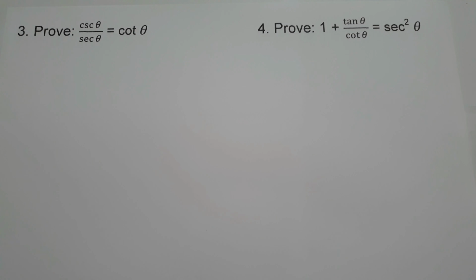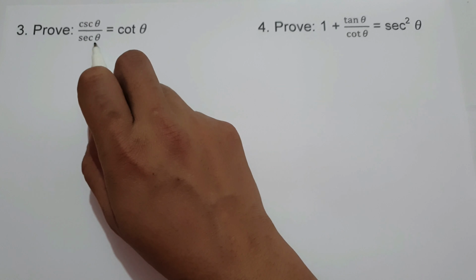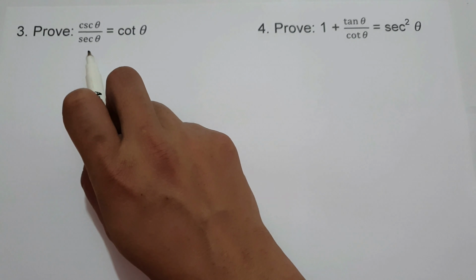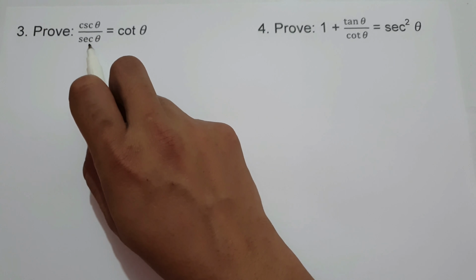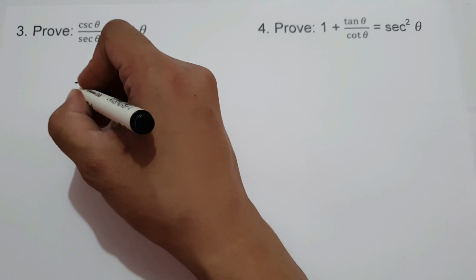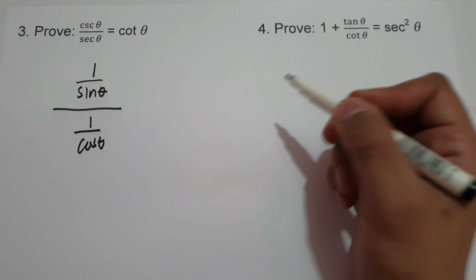On the third example, we are going to prove cosecant theta over secant theta is equal to cotangent theta. Since the left side is more complicated, let us simplify the left side of the equation. So cosecant theta is equal to 1 over sine theta divided by secant theta, that is 1 over cosine theta. And let us simplify.